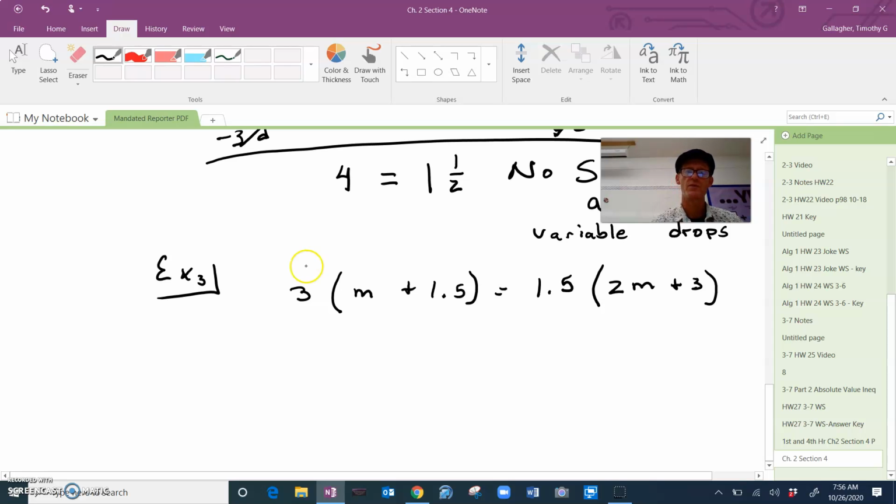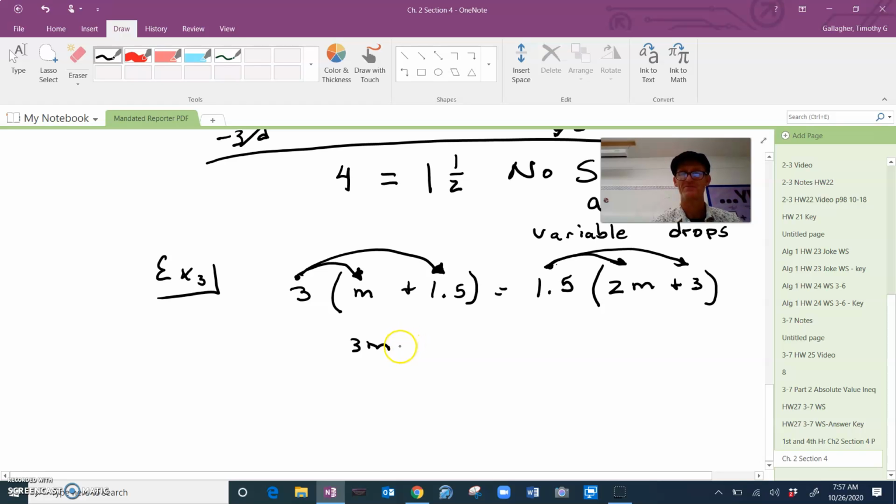The distributive property needs to happen on both sides of the equal sign. 3 times m is 3m. 3 times 1.5 is what?